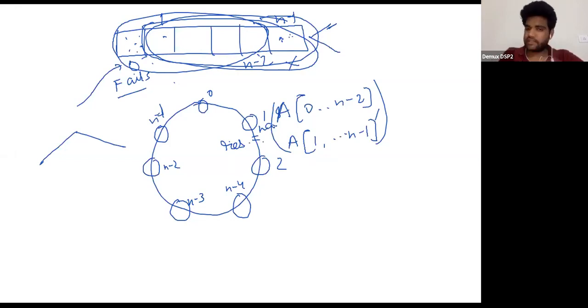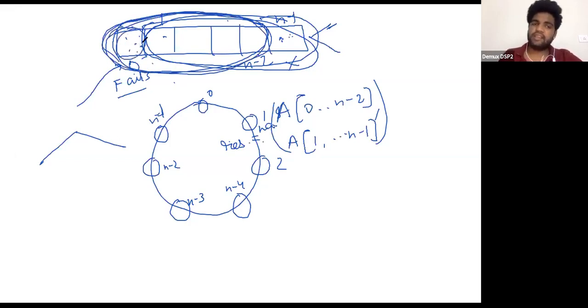Right, Jadav? Do you understand this? So this, as Ishan was asking, we are not including n minus 1, or we are not including 0 in the answer. We are just saying find the answer for this, whatever is the answer, and find the answer for this, whatever is the answer, and take the maximum. We are not saying that for this particular array we are including 0.